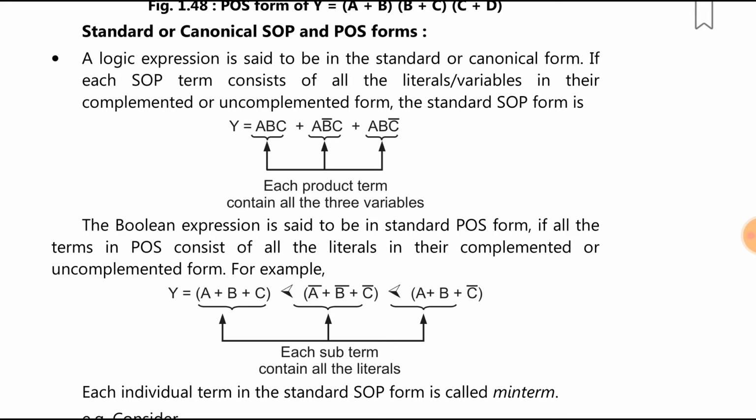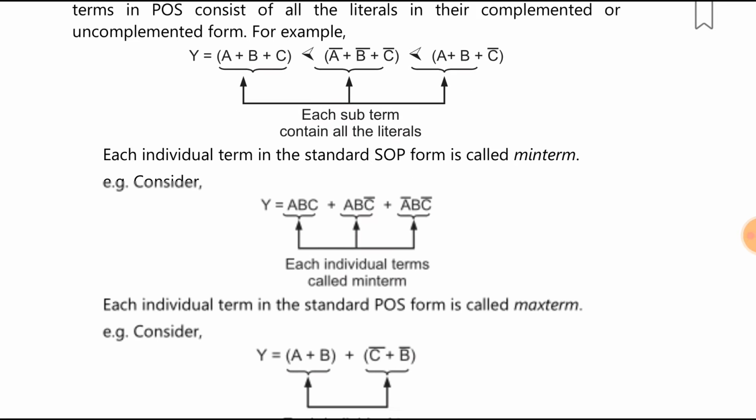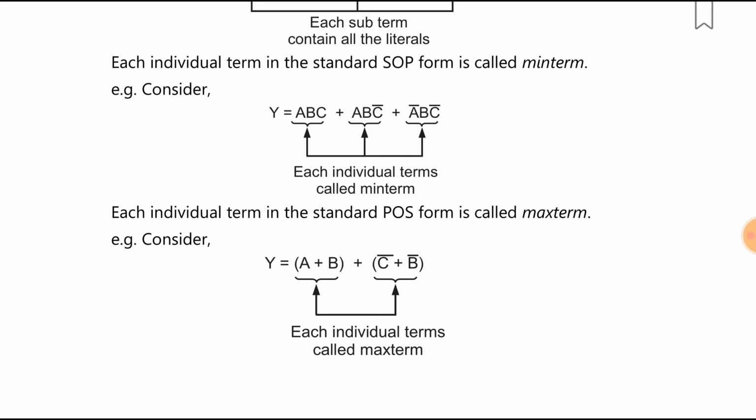For example, Y = (A + B + C)(A bar + B bar + C)(A + B + C bar). Each individual term in standard POS form is called a max term. For example, consider A + B + C bar. Each individual term is called a max term.